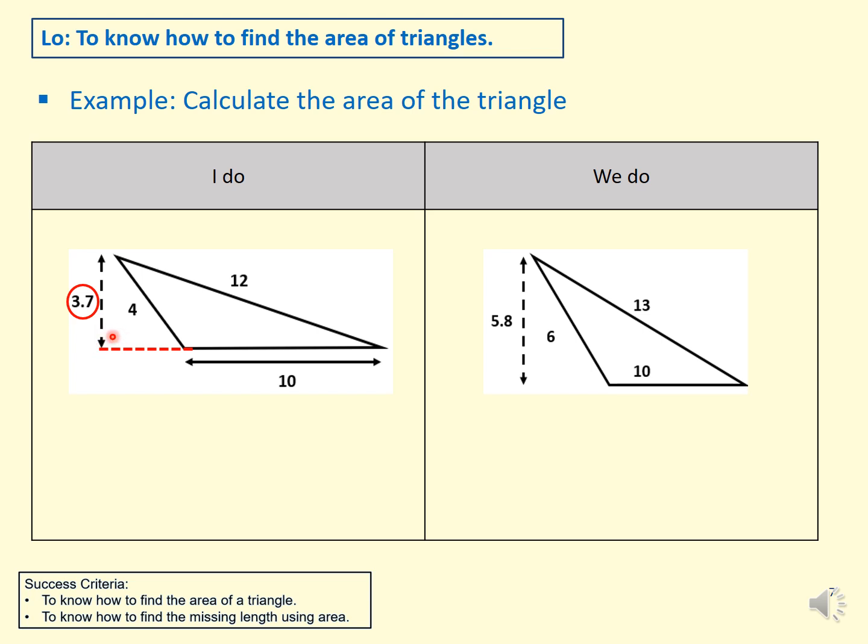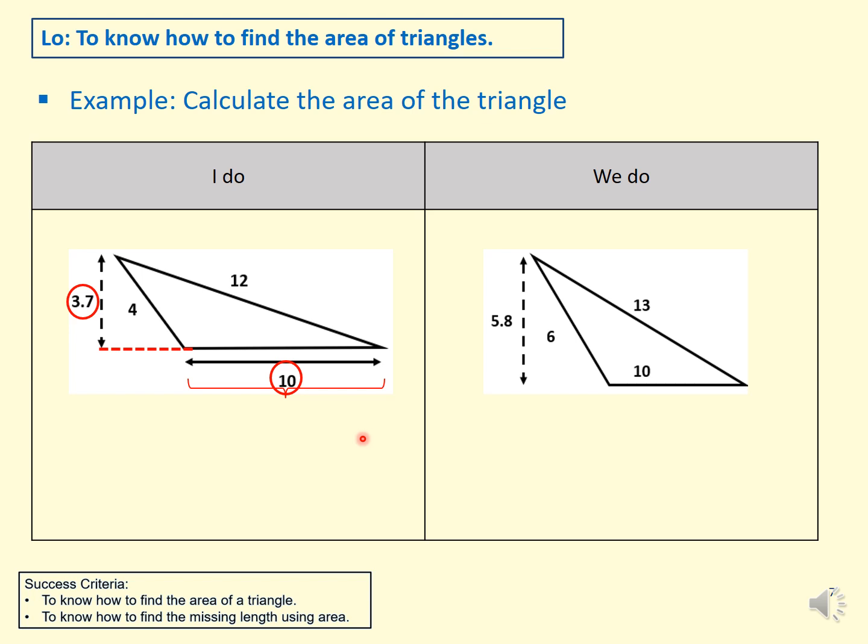So this is the perpendicular height, this is the base. Make sure you extend the line, but you don't care about that extended bit. The number that you're going to use is only 10. This is the number that I'm going to use for the base. I don't care about 4, I don't care about 12, and I don't care about this extended bit.